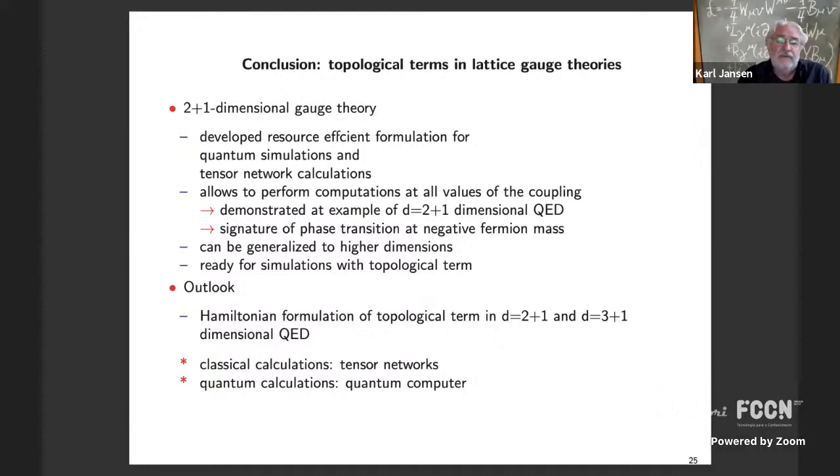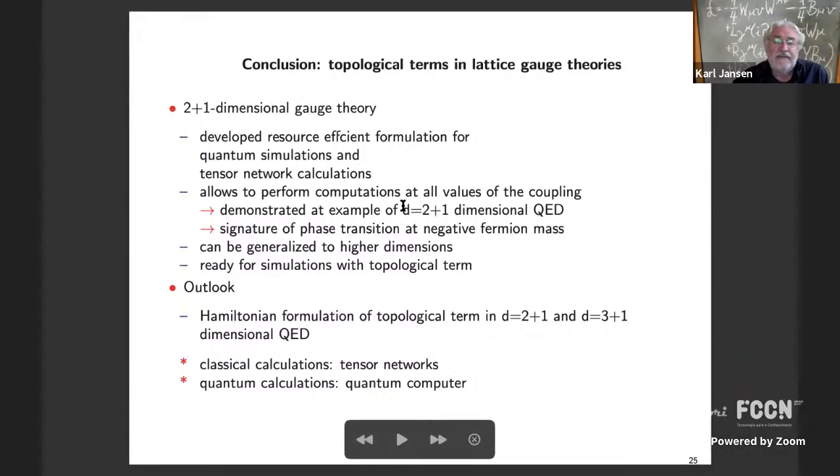And this allowed us to perform computations at all values of the bare coupling, which we demonstrated at the example of this 2+1 dimensional QED. And we found indications of a phase transition at negative fermion mass, which we interpret as a topological phase transition.